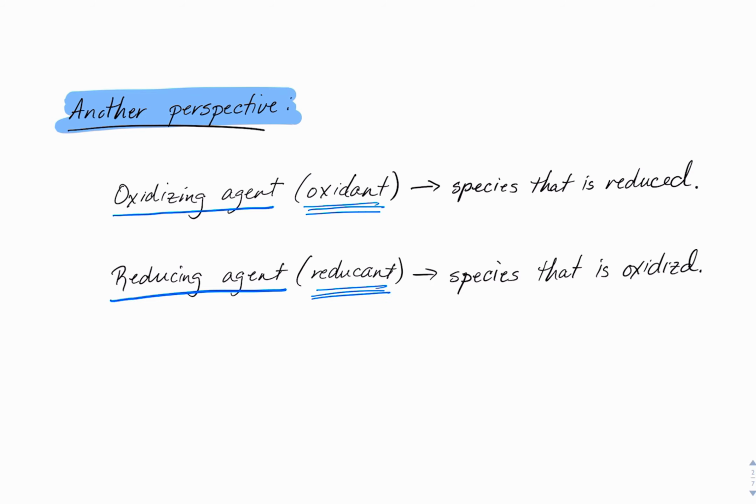So you may hear someone using the terms oxidizing agent or reducing agent, or you could hear someone using the terms oxidant or reductant. And essentially, an oxidizing agent is something that is reduced. In the chemical reaction we just saw, Sn plus HCl yields SnCl2 plus hydrogen gas, the thing that was reduced was the species HCl.